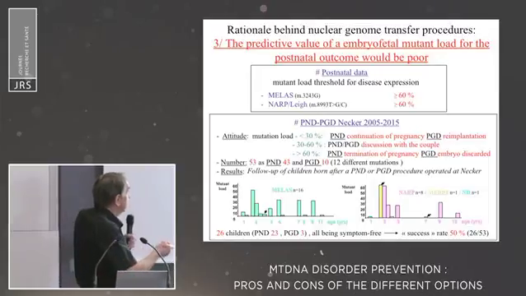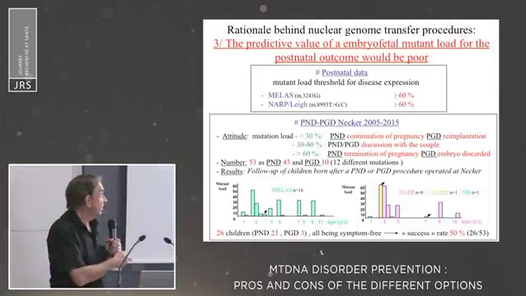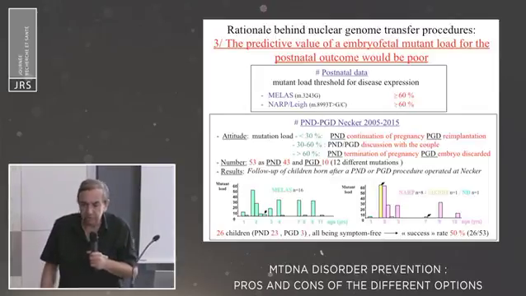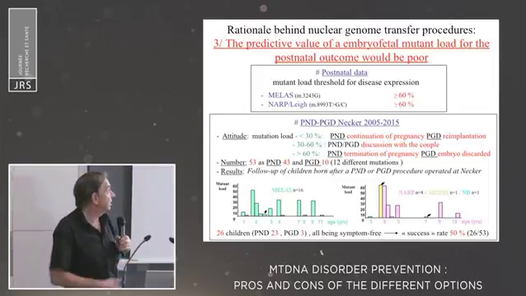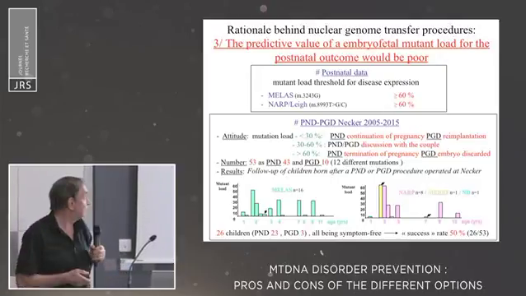Below 30%, we say it's okay. Over 60%, we say it's a poor prognosis. And between these two values, we discuss with the couple.